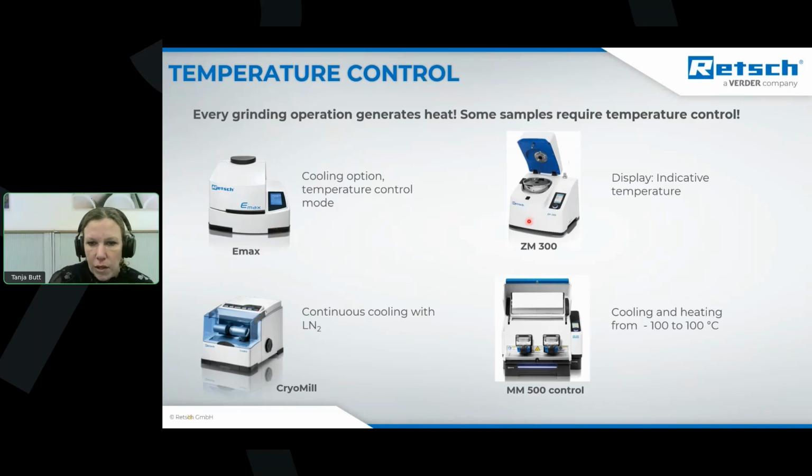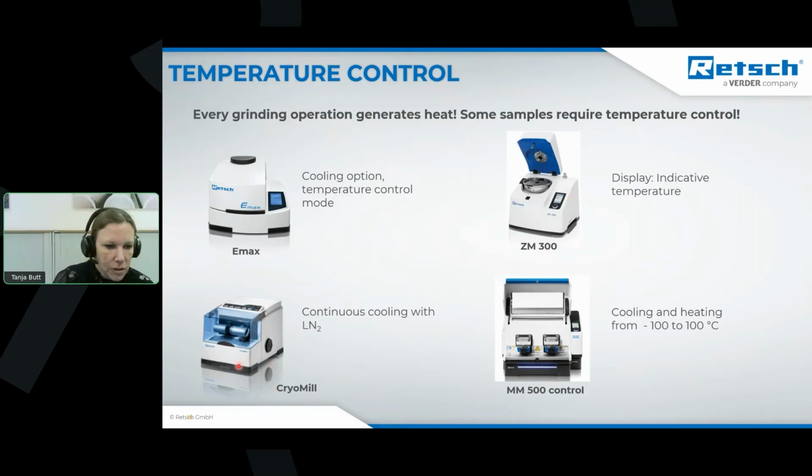With the ZM300, which we have seen already in action, we have at least an indicative temperature in the display, so you can watch and observe how warm the sample is getting and stop if it is too warm. I already told you about the cryomill, where we have continuous grinding at almost minus 200 degrees.